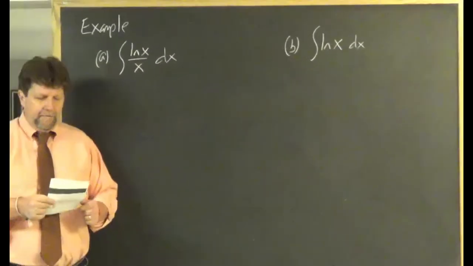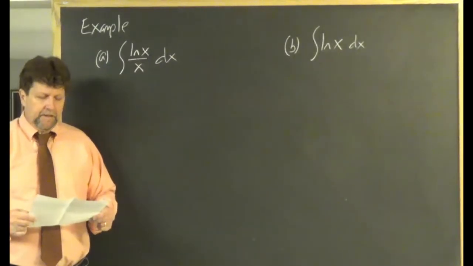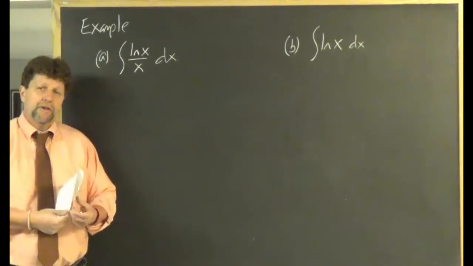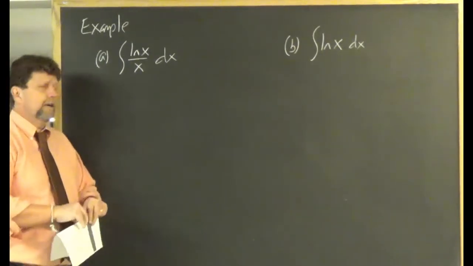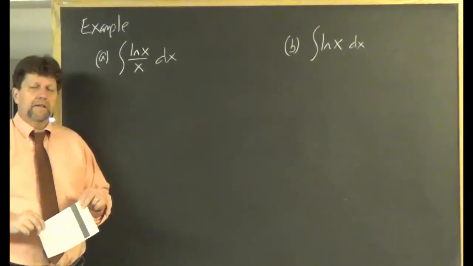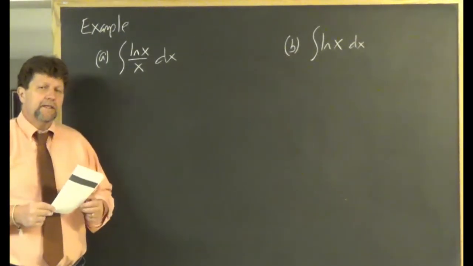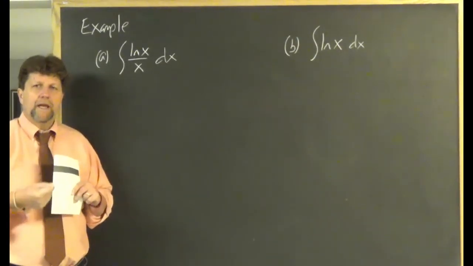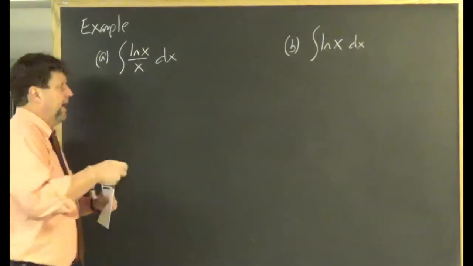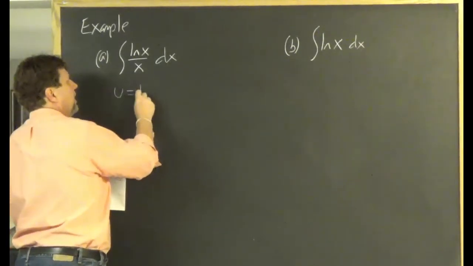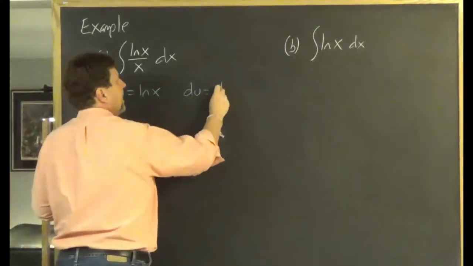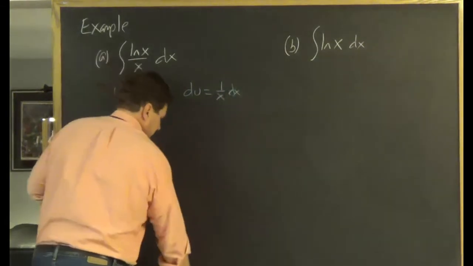Hey folks, in this example you were asked, determine if a u substitution or integration by parts should be used to integrate the given functions and then perform the integration. So let's look at A. It's the integral natural log x over x dx. So when I see this, what jumps out to me is that a basic u substitution will handle this integration problem. If I let u equal the natural log x, well, we know the derivative of ln x is 1 over x dx.